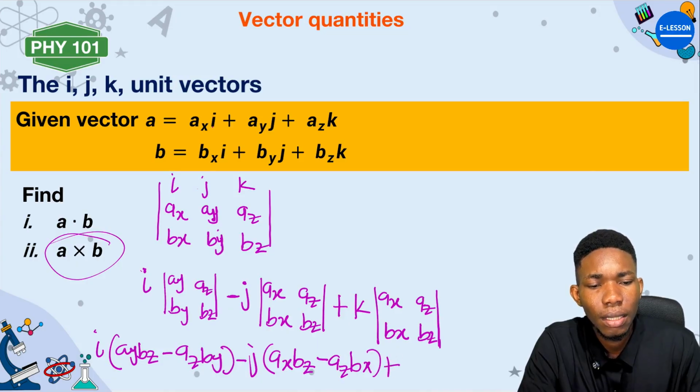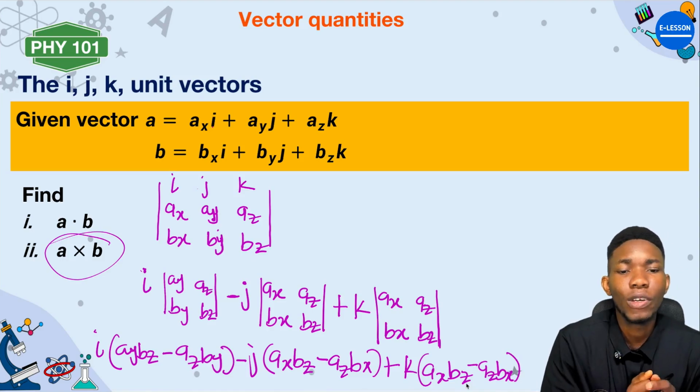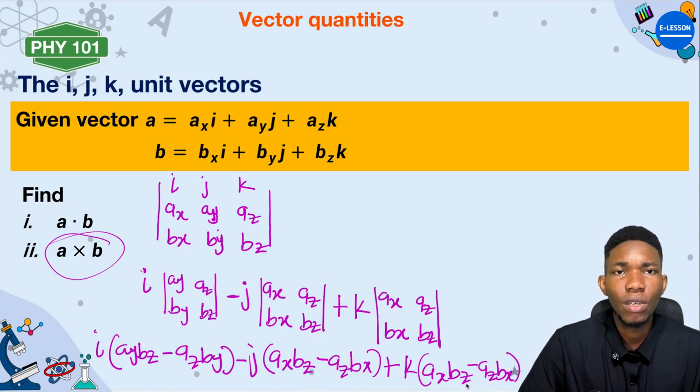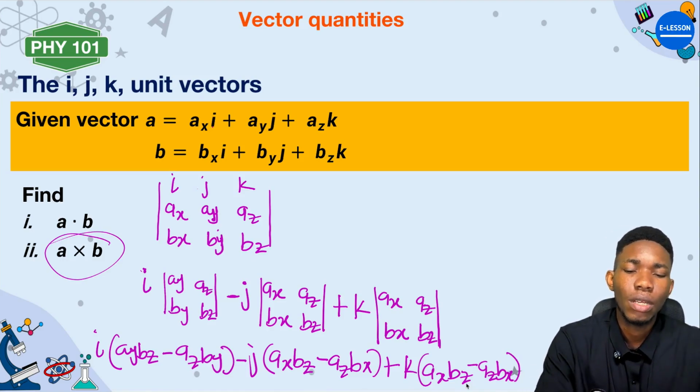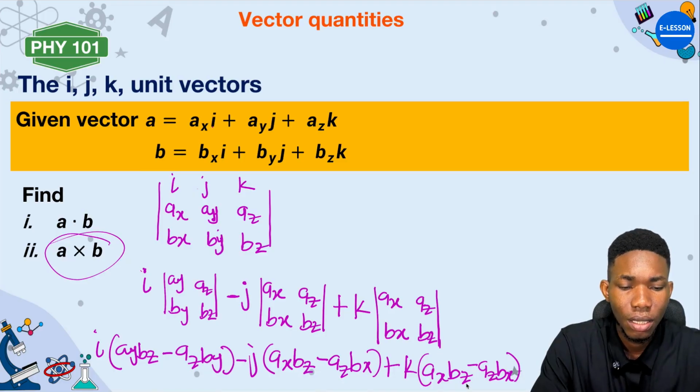Plus K. That of K is still the same thing. Use this to multiply this first. So this gives us K bracket what? AXBZ minus what? AZBX. There are chances of me making one or two mistakes, but so long as you understand the procedure, are you getting it? Cannot be 100% efficient the way it is.